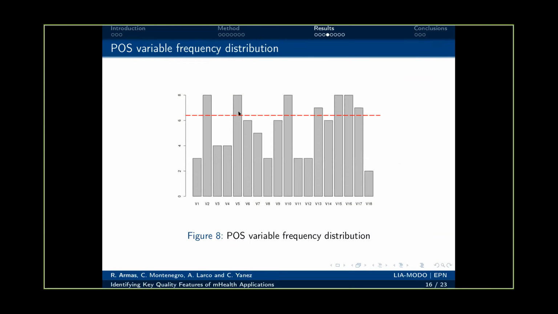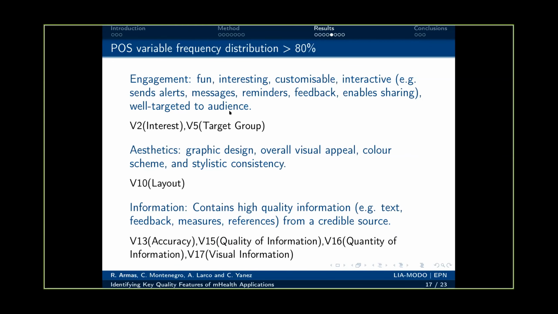So in that way, we can select these variables, and these variables belong to the engagement category, that is related with fun, interesting, customizable, etc. Aesthetics, that is graphic design, overall visual appeal. Information, that contains high quality information from a credible source.